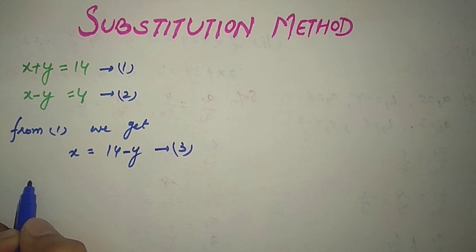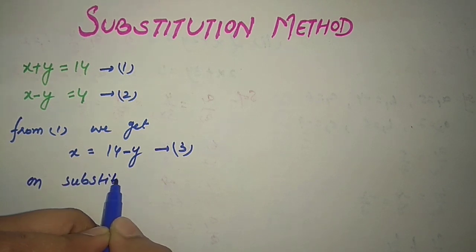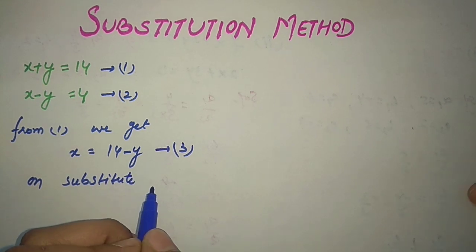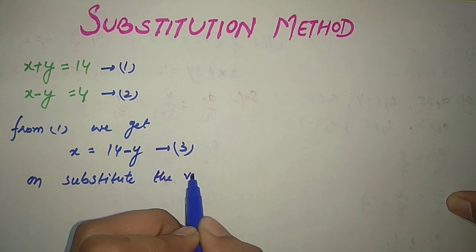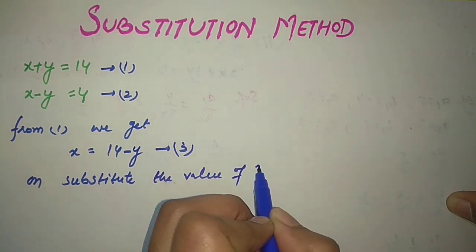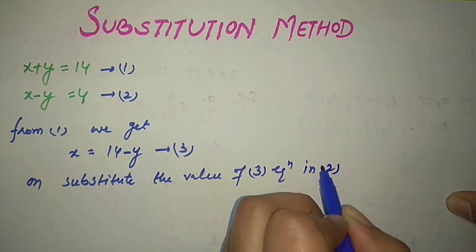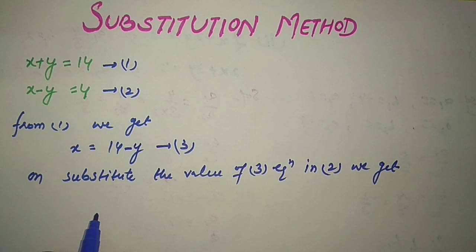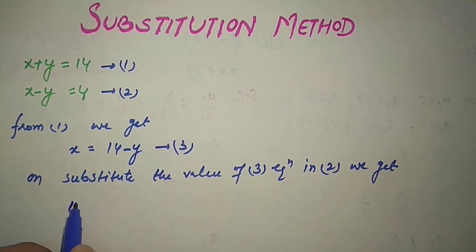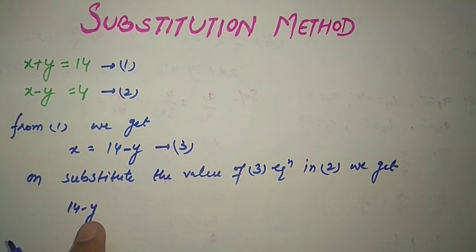So on substituting the value of equation 3 in the second, we get 14 minus y. At the place of x we will write 14 minus y.